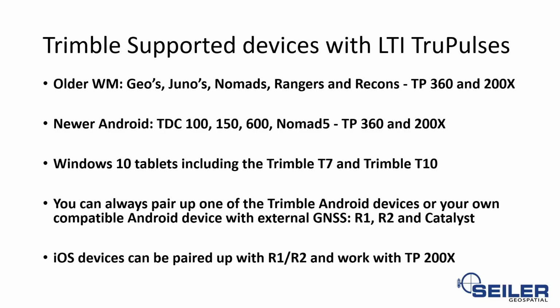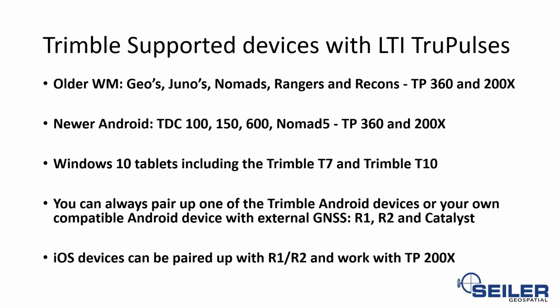You could always pair up any of your Android devices, whether you own an Android phone or tablet, or you have one of the Trimble ones. If you're trying to get higher accuracy than what is embedded inside, say like the TDC 100, the TDC 600 or the Nomad 5, you can pair it up with an R1, R2, or Catalyst, depending on compatibility.